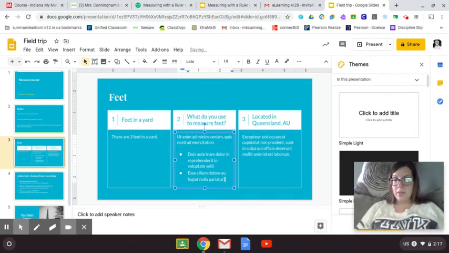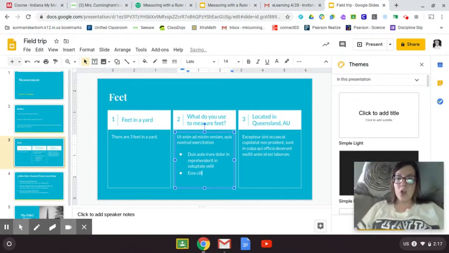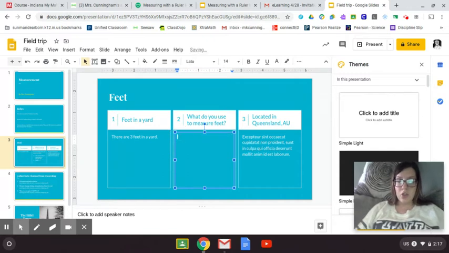Well, first you can use a ruler, but you're going to have to keep flipping the ruler over and over again if it's longer than a ruler. So let's type that. You could use a ruler, a yardstick, or a tape measure.